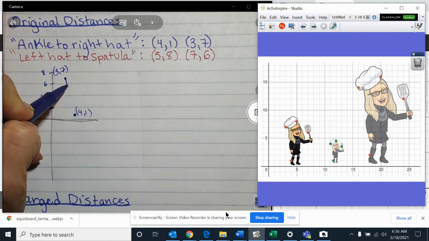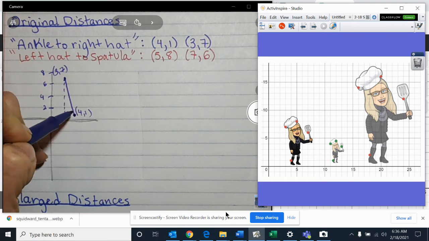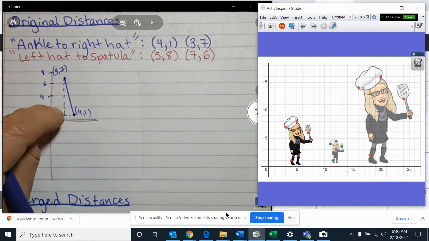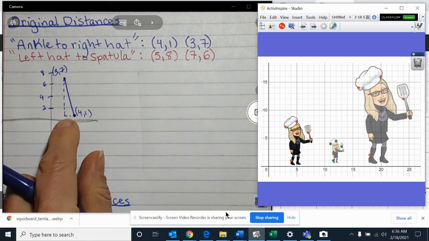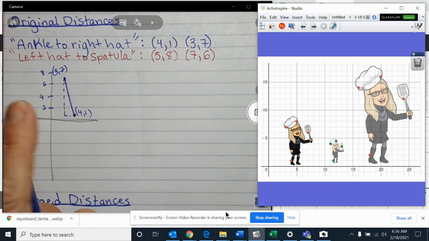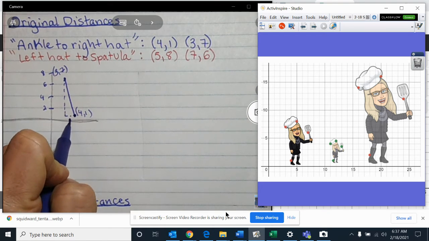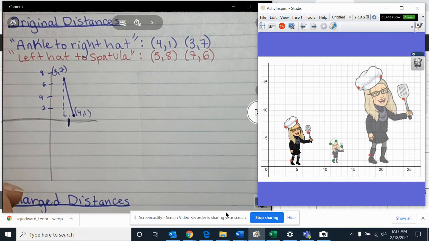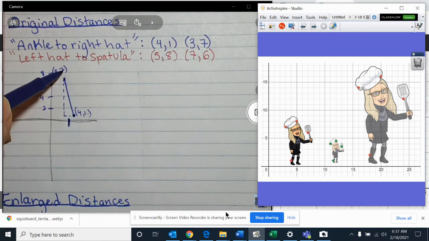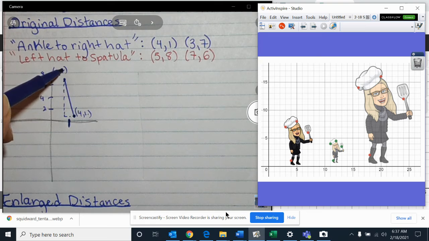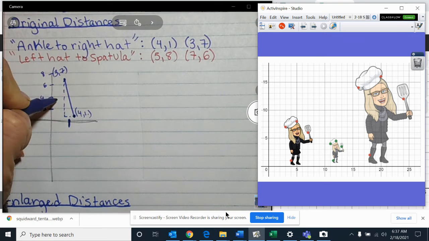And so when you draw this line, think about that triangle. So horizontally, between 3 and 4, there's only 1 space. But between 1 and 7, there are 6 spaces.